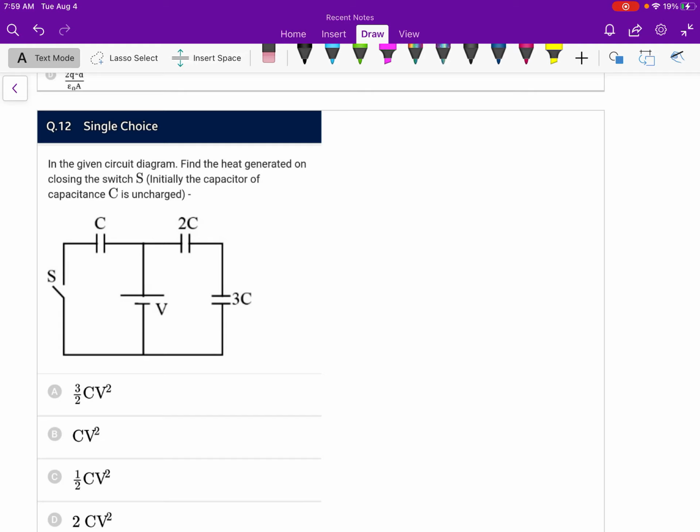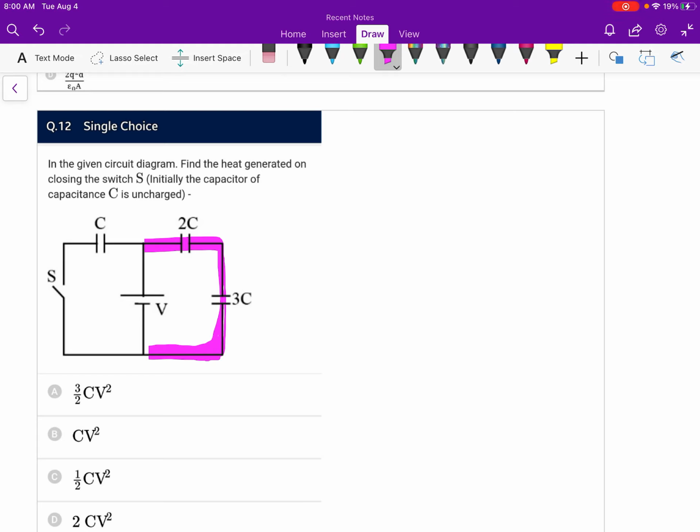In the given circuit, find the heat generated on closing the switch S. Guys, when we close the switch, this branch remains unaffected because the potential across the right side branch remains the same as V. So no charge flows through the right branch, only in the left branch does charge flow.